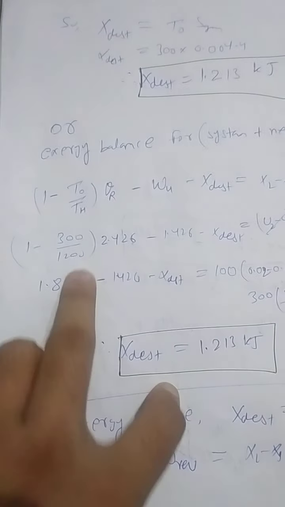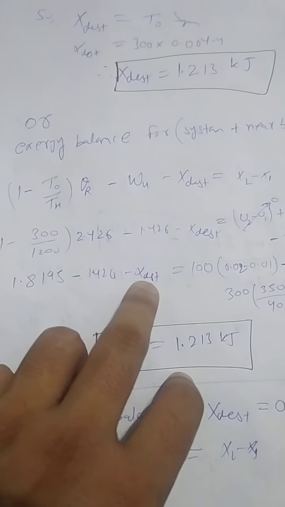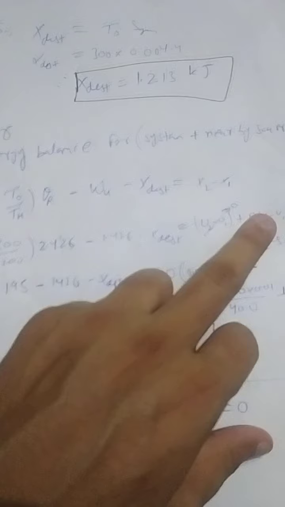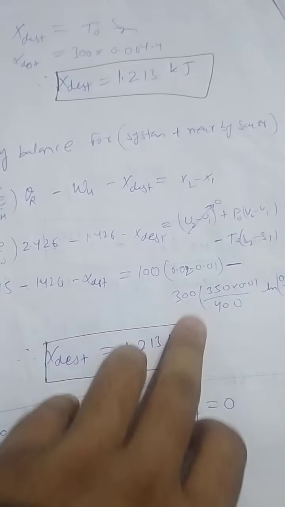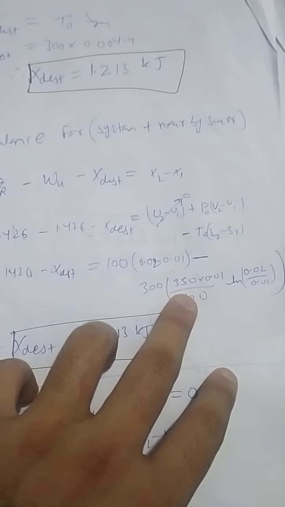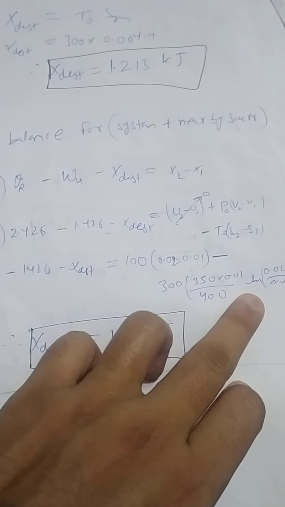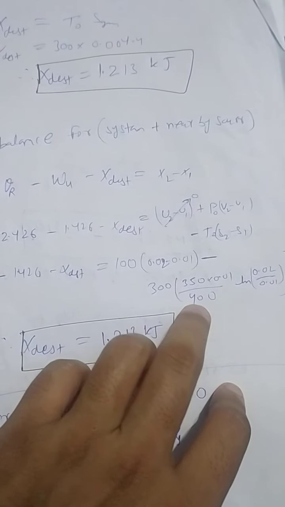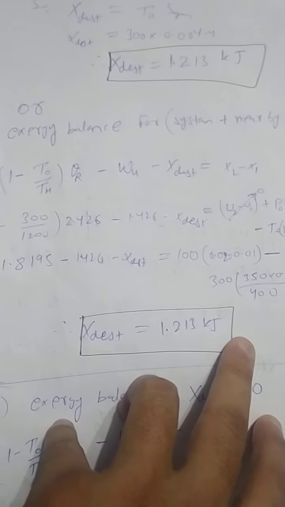So this comes out to be 1.8195 minus 1.426 minus X destroyed is equal to, putting these values, 100 times 0.02 minus 0.01, minus 300 times the S2 minus S1 value. That value is calculated above, so putting that here and calculating, we get X destroyed to be 1.213.